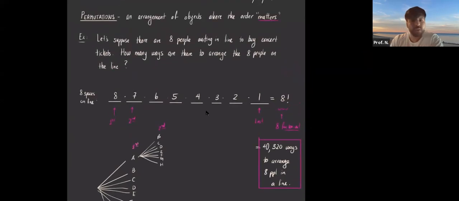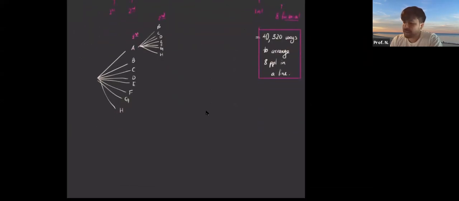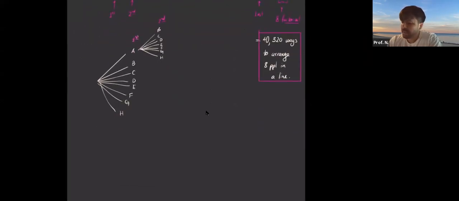All right, and of course we can now get a little more sophisticated with this. Not sophisticated so much, but more interesting examples. So let's say, when does order matter? For example, in a race.